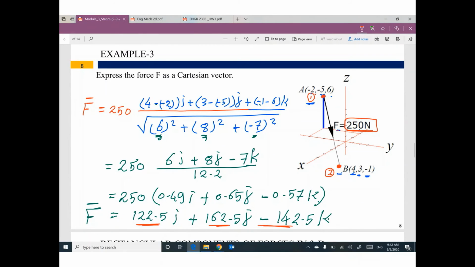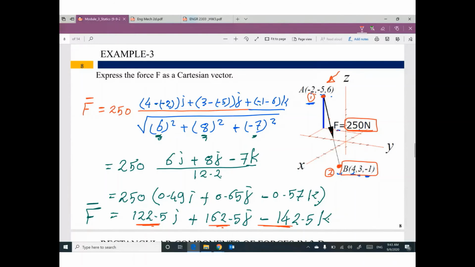How can I convert a force to three components using coordinates? We have a force coming from point A, and the coordinates of point A are given, to point B, and the coordinates of point B are given.